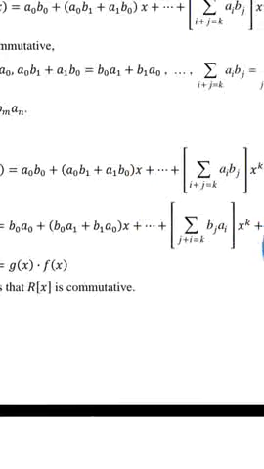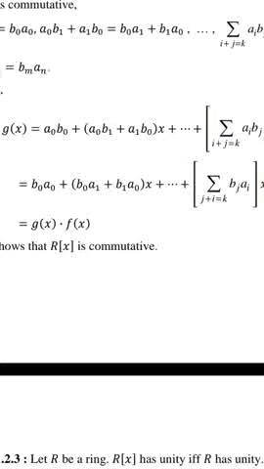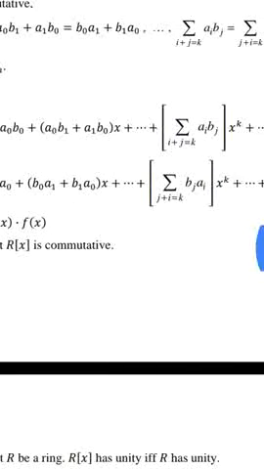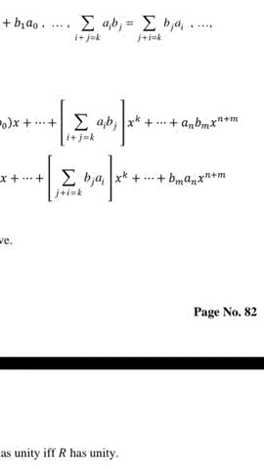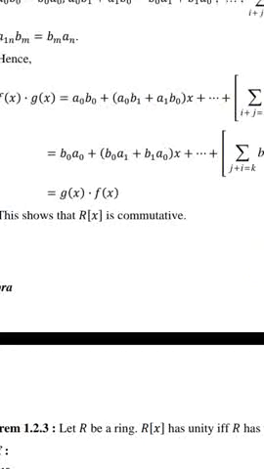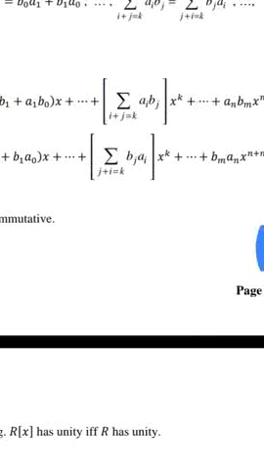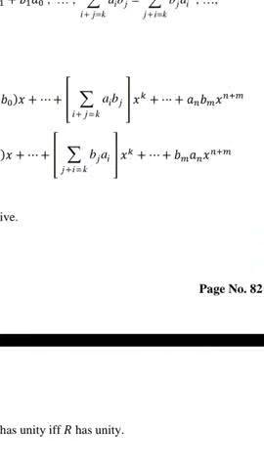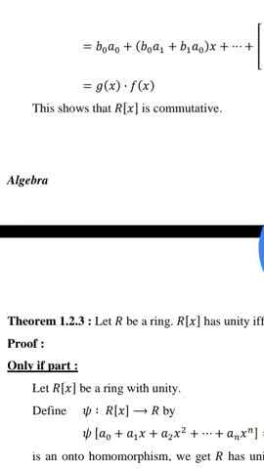Hence f(x)·g(x) = a0b0 + (a0b1 + a1b0)x + ... + Σ ai bj xᵏ + ... + an bm xⁿ⁺ᵐ = b0a0 + (b0a1 + b1a0)x + ... + Σ bj ai xᵏ + ... + bm an xⁿ⁺ᵐ = g(x)·f(x). This shows that R[x] is commutative.